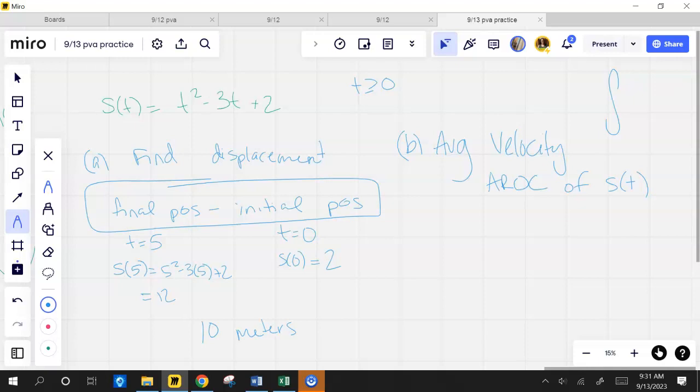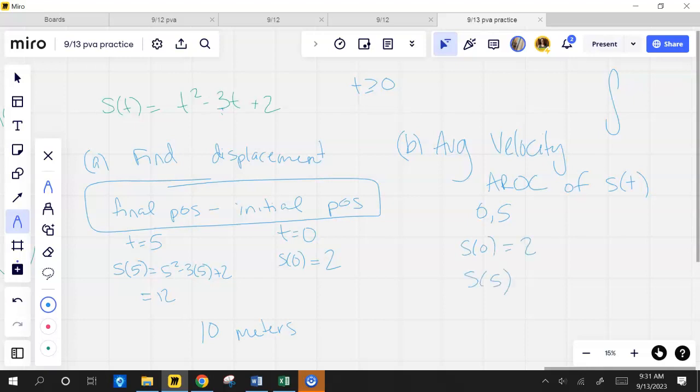So right now, every time it asks you for average velocity, you're doing the one that says given X of t, which is position, which is change in position divided by change in time, which is nothing more than a rate of change of position over that interval. So what's the average rate of change of this position over the interval? What's the interval I'm looking at again? 0 to 5, right? So S of 0 we know is 2. What's S of 5?